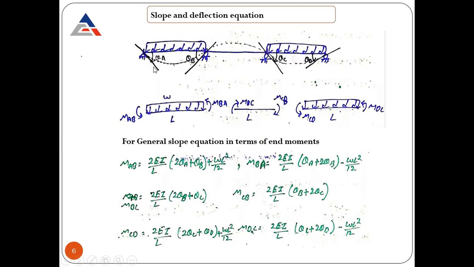I think everybody knows they are not resisting any moment, because these are simply supported ends of a continuous beam. There are middle supports also, where there will be a bending moment value, but at an end support in the form of a hinge or roller, the bending moment comes out to be 0.